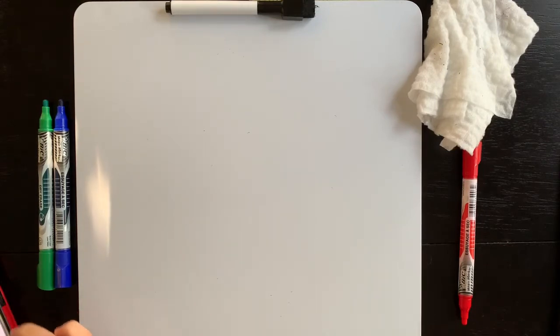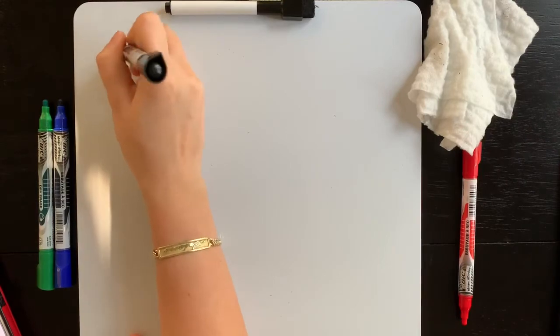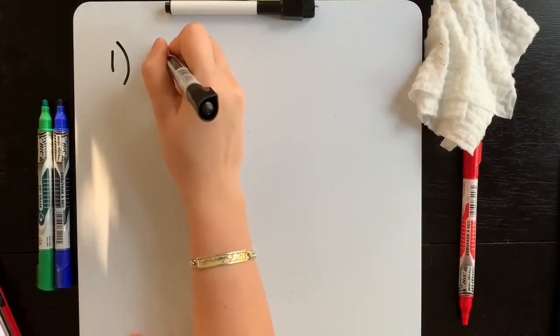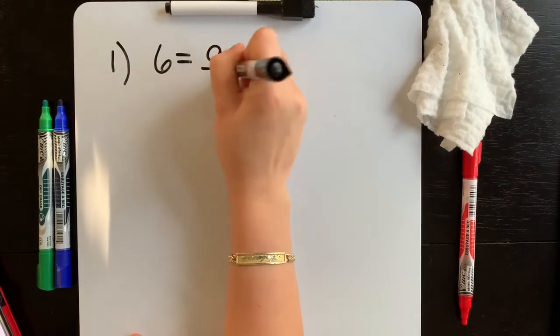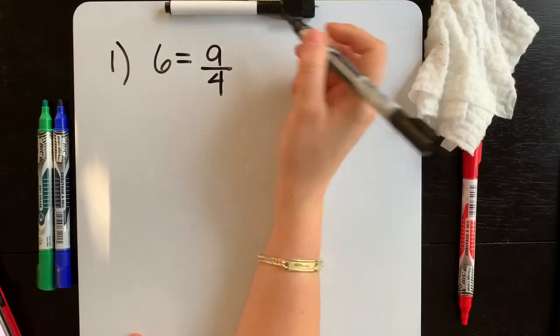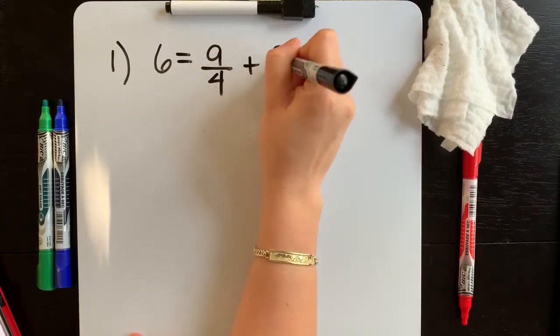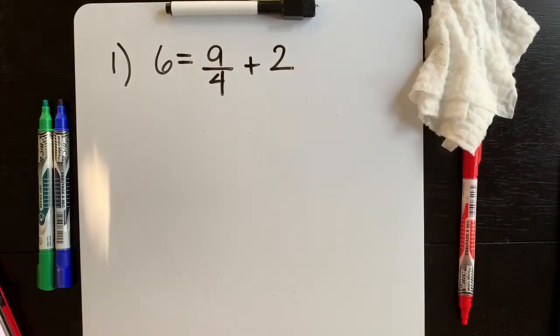Okay, so then for this one, we're going to do question 1. So question 1 says 6 equals a over 4 plus 2. Okay, so just like last time, we want to get rid of the variable. We want it to be alone.